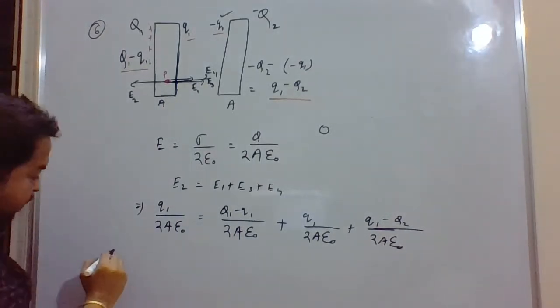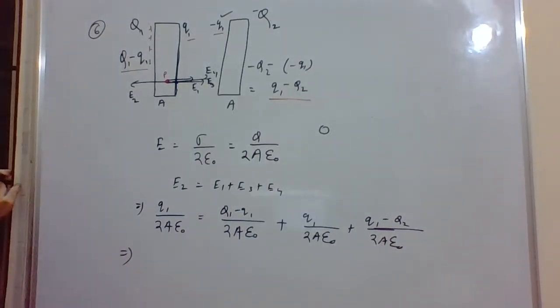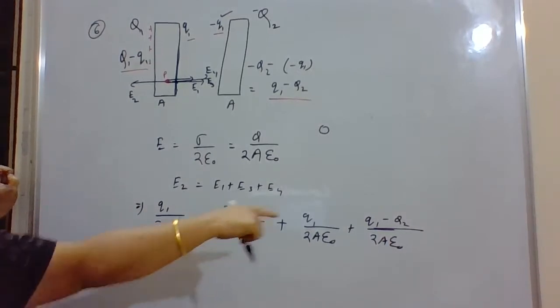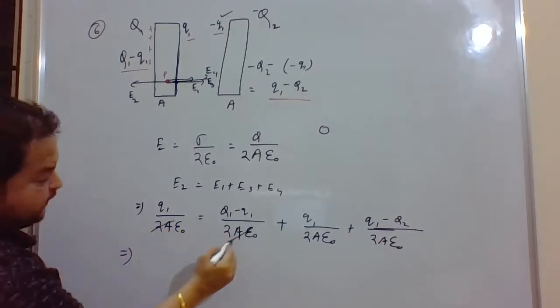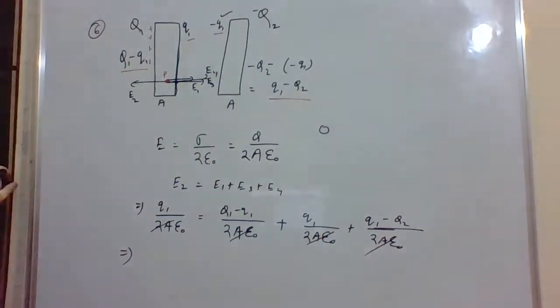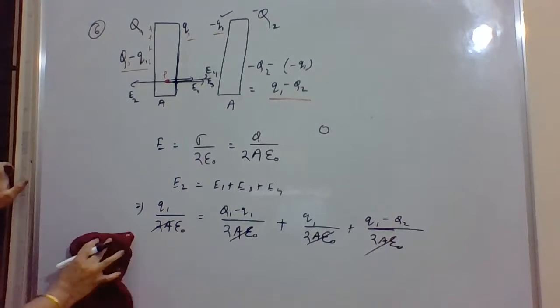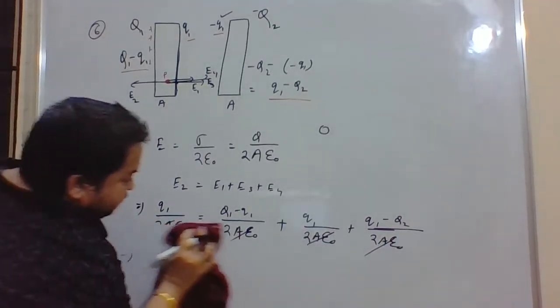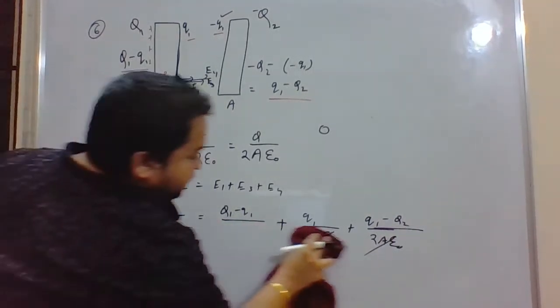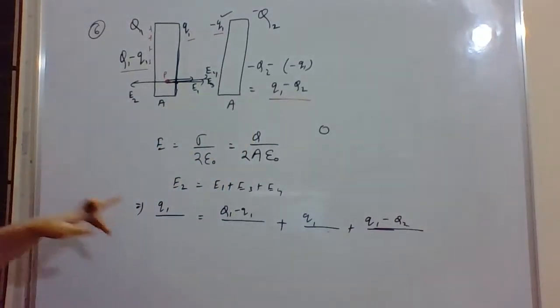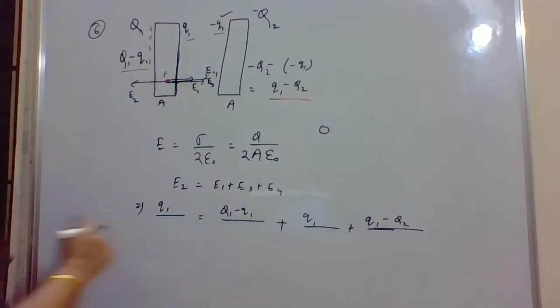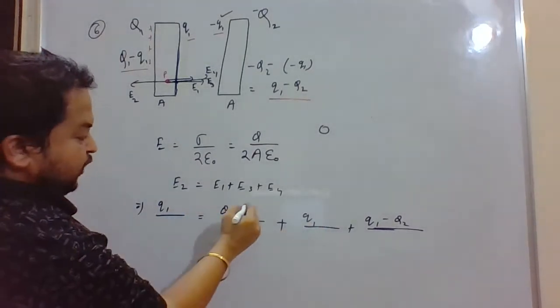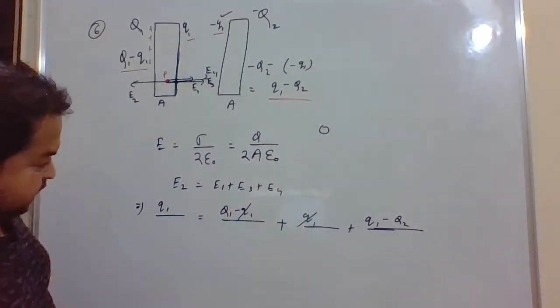Okay, so now let's solve it. Obviously, if you see in the denominator, all the terms are 2a epsilon naught, which means I can cancel out all of these. So our equation becomes much simpler. It becomes q1 here, q1 minus q1. Now this minus q1 and this plus q1 will cancel out each other.